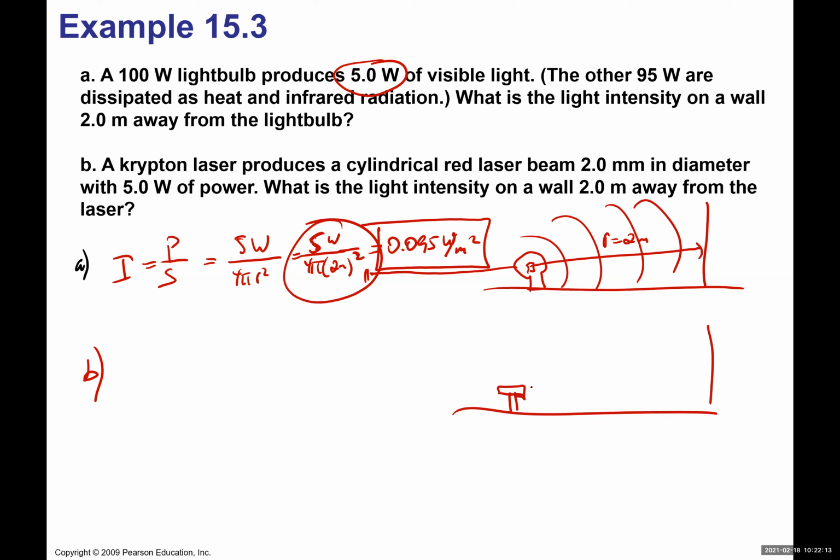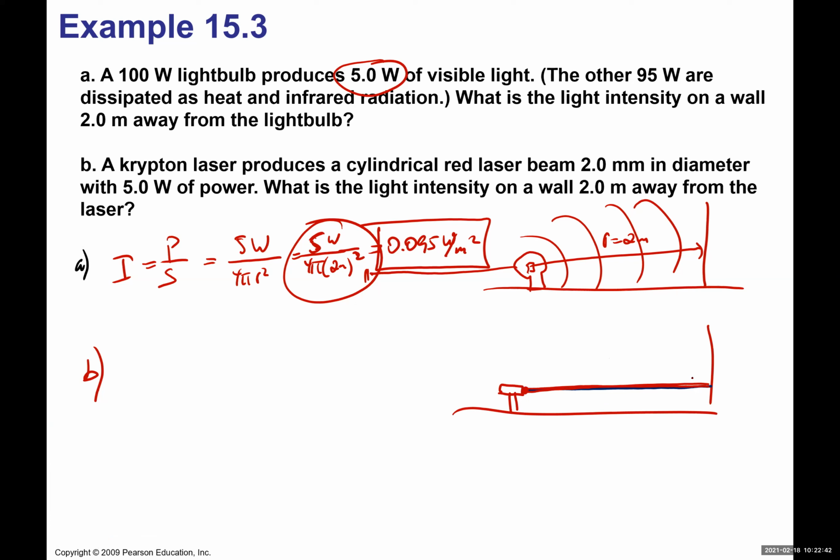One thing about the laser here, when it generates a beam, I don't know what color this one is, but it generates a very specific beam. It's not a wave that spreads out like that. Okay, so it's a beam that is only 2 millimeters in diameter, right? So it doesn't really spread out.